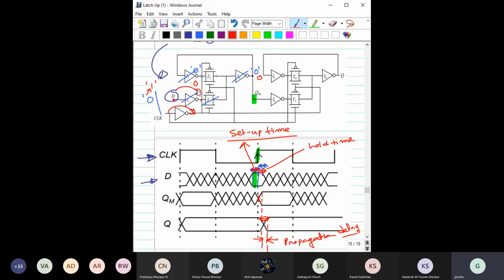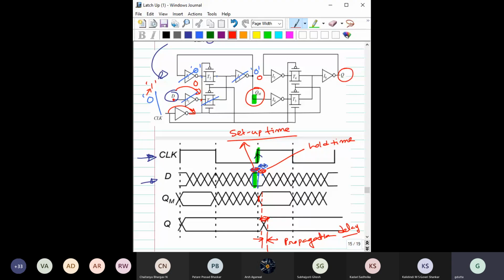Now there is one more term which is called the propagation delay. Propagation delay is the time required for this QM to go to this Q. So what is the time required? For this inverter, this inverter, this inverter. Am I right?